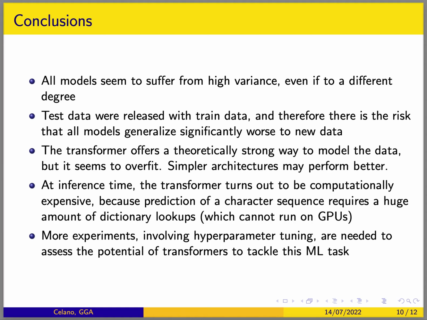It has to be noted that at inference time, the transformer turns out to be computationally expensive because prediction of a character sequence requires a huge amount of dictionary lookups, which can only be run on CPUs.